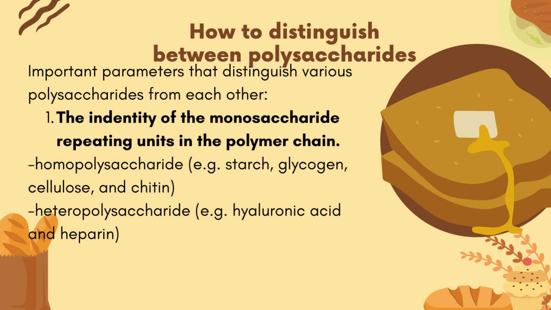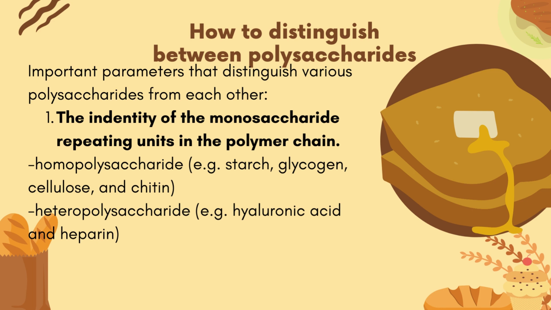Now remember, a polysaccharide is a very long chain of carbohydrates composed of a lot of monosaccharide units bonded to one another. For example, if only one type of monosaccharide unit is repeated along that very long chain of polysaccharide, that would be referred to as a homopolysaccharide.